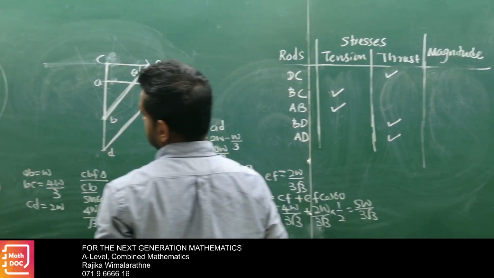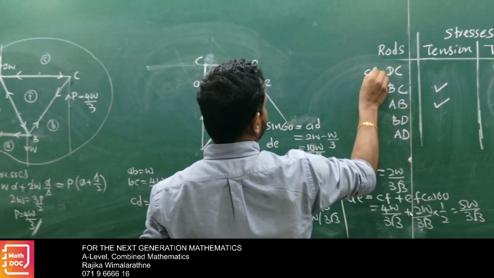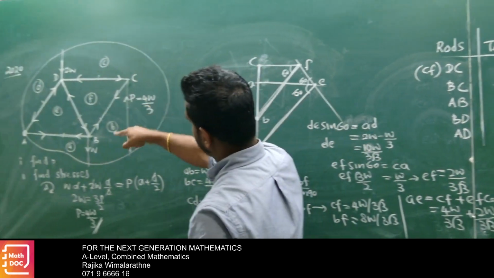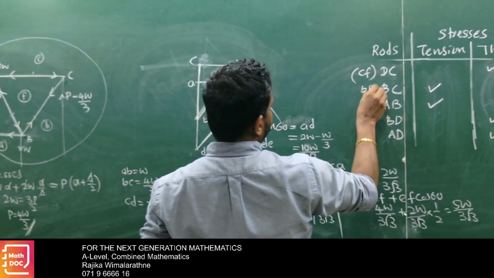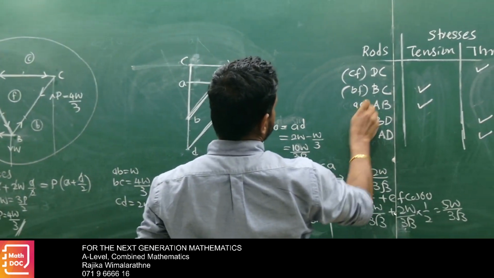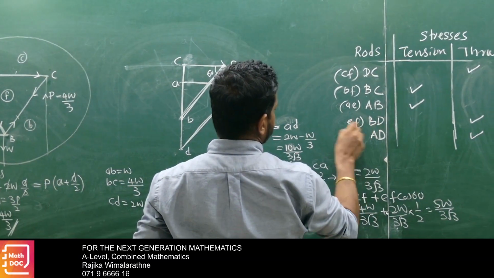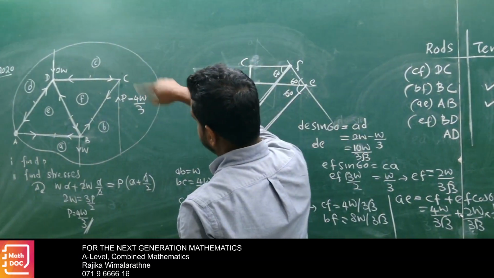Then DC is separated by CF, BC by BF, AB by AE, BD by EF, AD by ED.